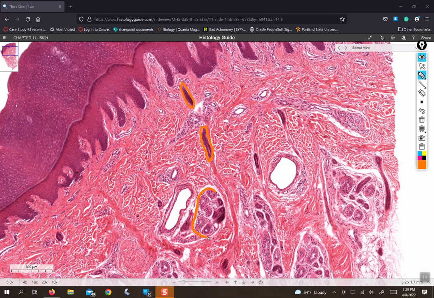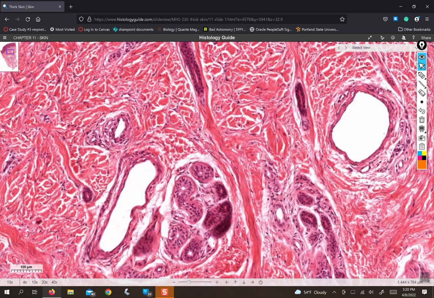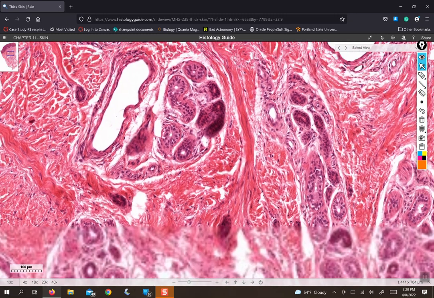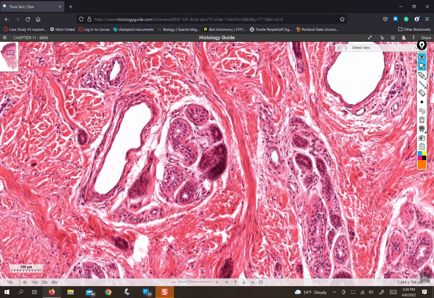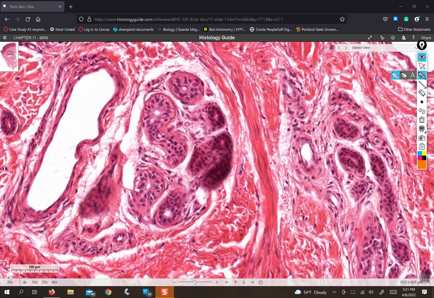So what you're going to see are little clusters of tubes made of cuboidal epithelium that are anchored in the dense irregular connective tissue of the dermis. So see all of these, we have little lumens, which are narrow, but they're there.